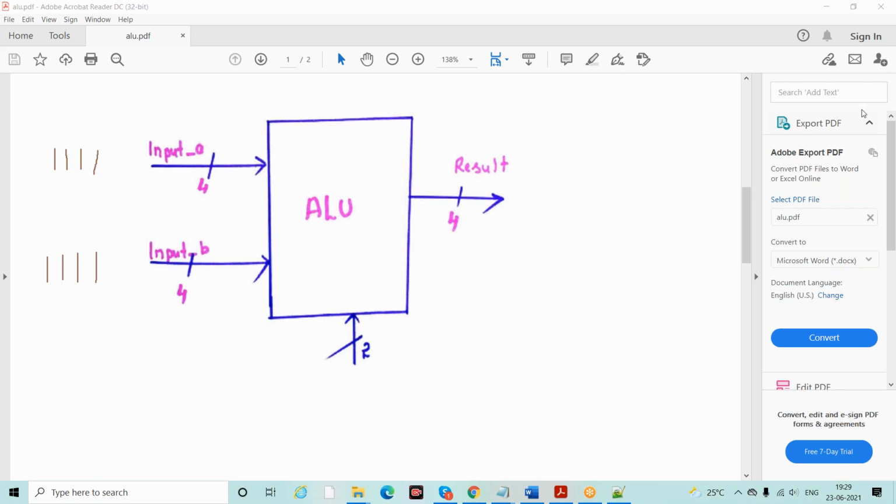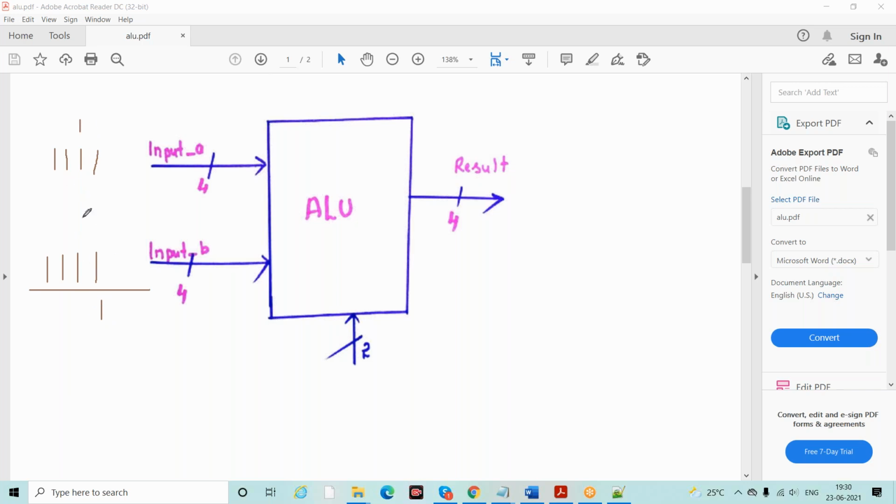Result is 4 bits. Your carry, see, for example, 1 plus 1, carry 1. Again 1 carry comes up with 1.